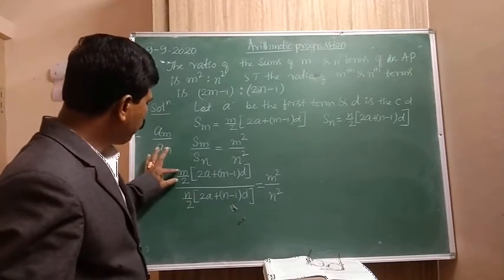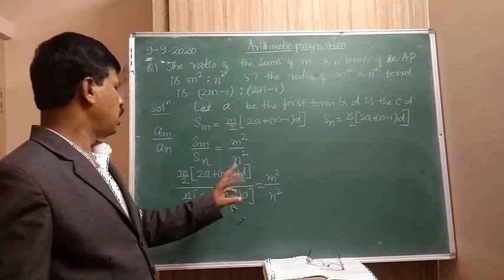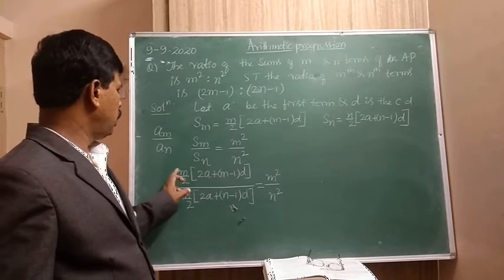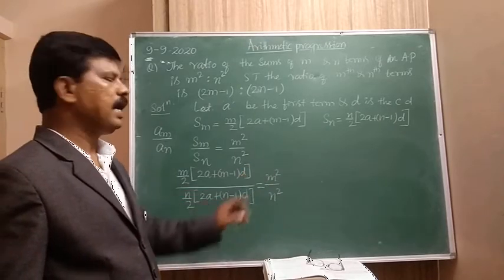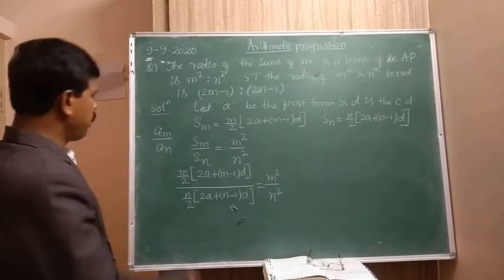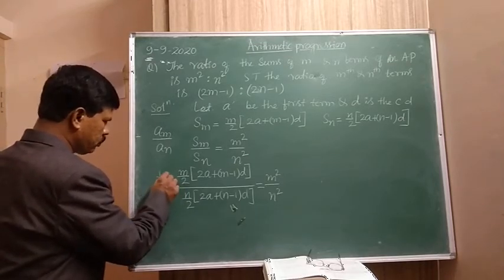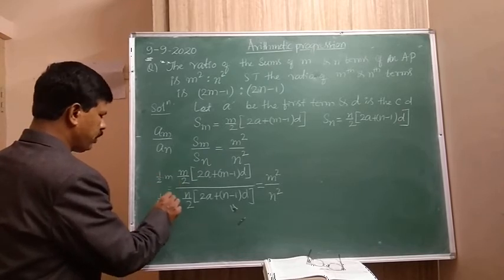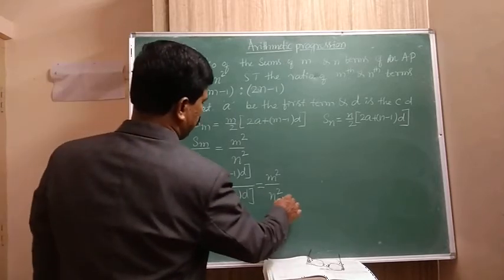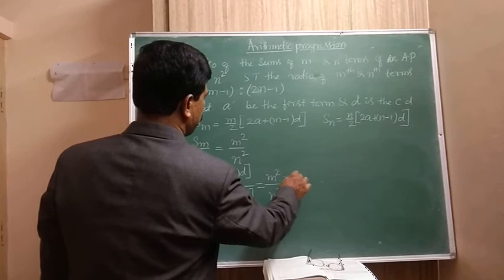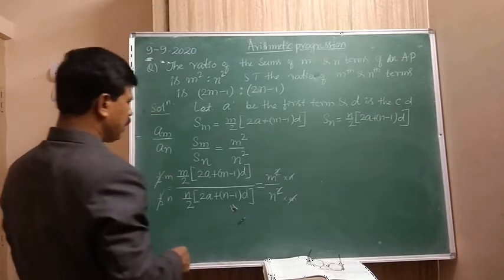When the 2 goes up and down, it gets cancelled. So m by 2 becomes 2 by m and n by 2 becomes 2 by n. Here, for example, I am showing this is half into m, and here also half into n. So the halves get cancelled. m goes here, into m, and n goes here, into m. So one m gets cancelled, one n gets cancelled.